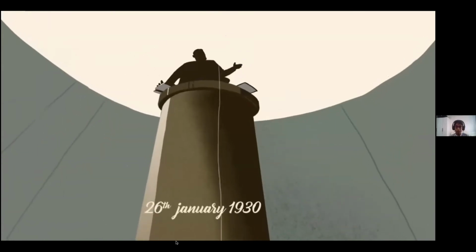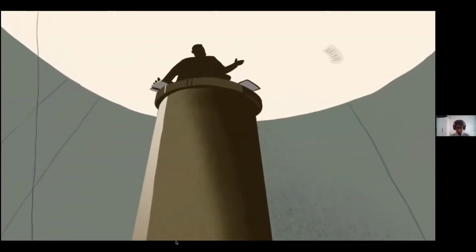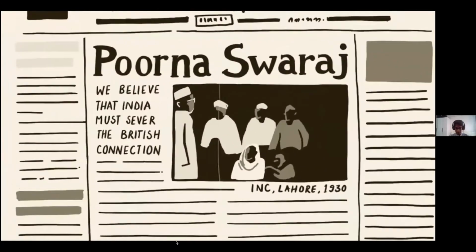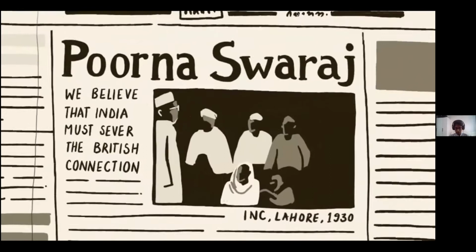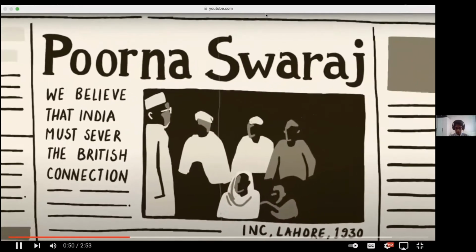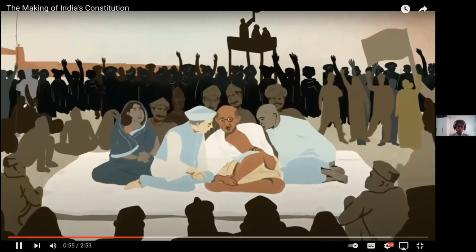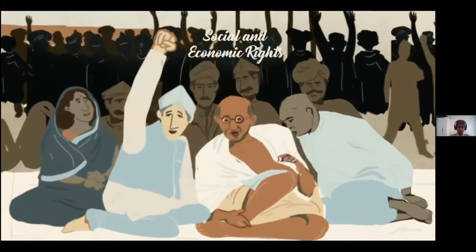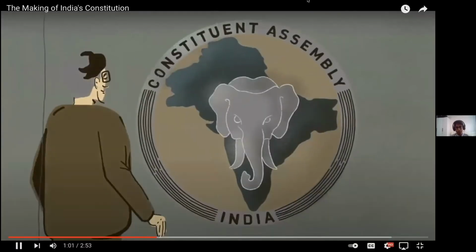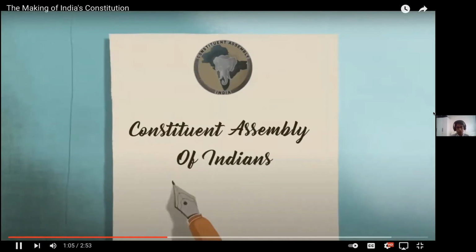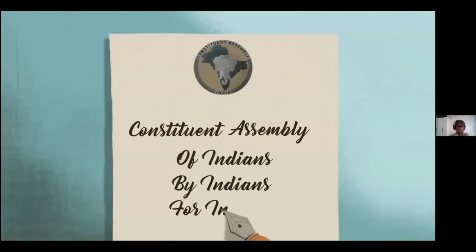So on 26 January 1930, the Indian National Congress declared Purna Swaraj, or complete independence, discarding the demand for dominion status. A year later, at its Karachi session in 1931, the INC demanded comprehensive social and economic rights. Sensing imminent change, M.N. Roy proposed a constitution drafted by a Constituent Assembly of Indians, by Indians and for Indians.